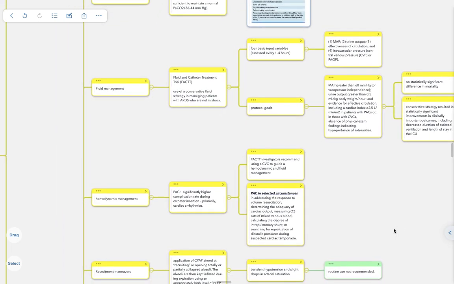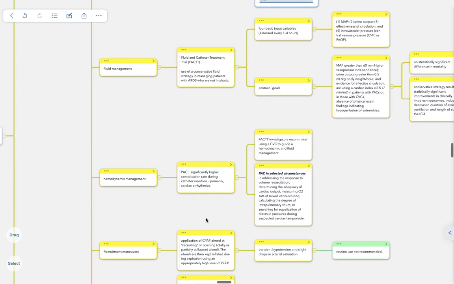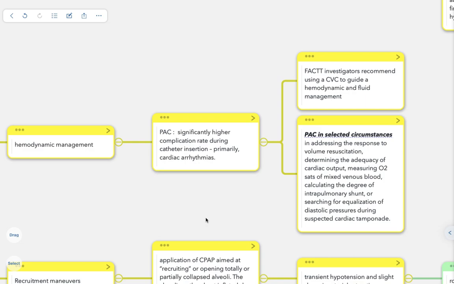Right. Then coming to the hemodynamic management. Now, PAC or pulmonary artery catheters were compared to central venous catheters. Pulmonary artery catheters had a significantly higher complication rate during catheter insertion, primarily cardiac arrhythmias. So, FACTT investigators recommend using a central venous catheter to guide hemodynamic and fluid management.